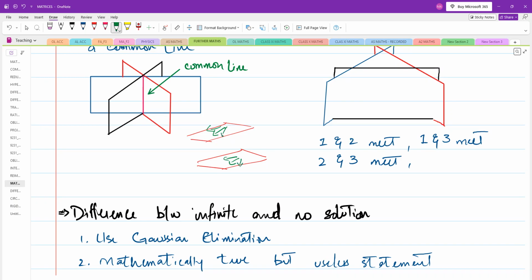Any direction vector that exists on this plane will be skewed for this plane. In other words, they will always have a certain distance between them. They will never meet. They will be skew lines, in other words.